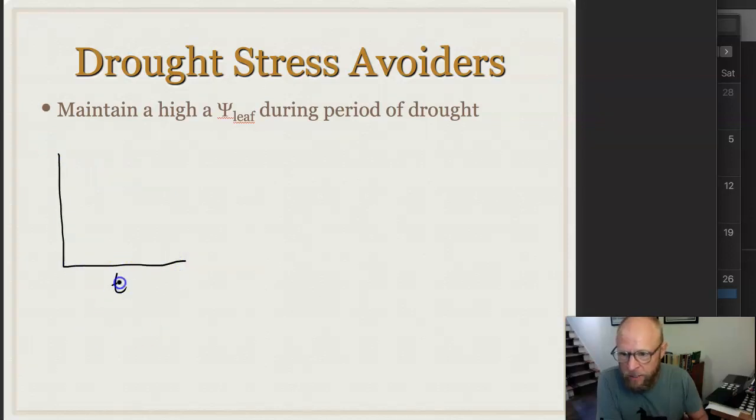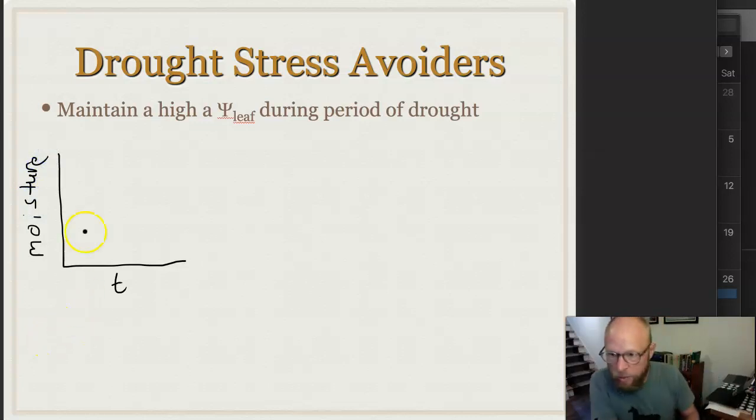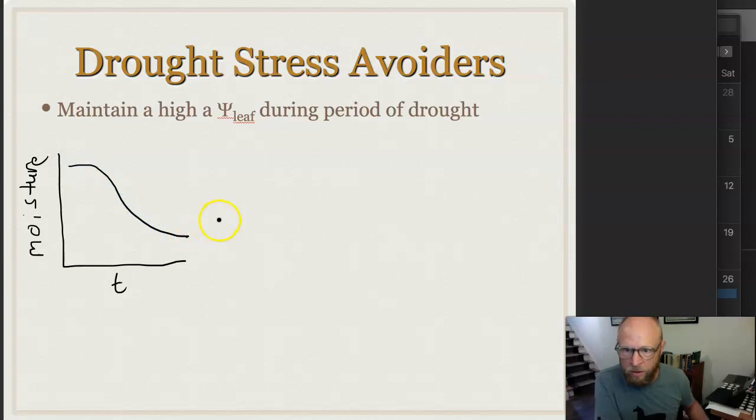So if we've got time here, and this is our moisture, I'm just going to put moisture, so I don't have to write more characters than necessary. So remember, this is what our soil moisture looks like during the drought, all right?